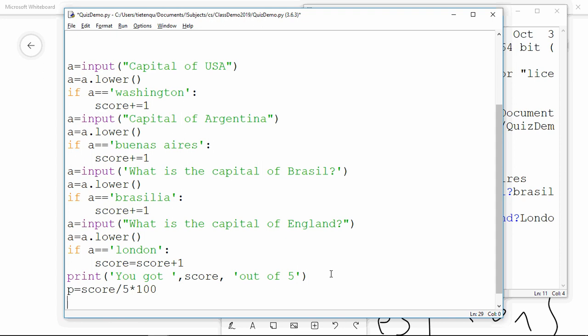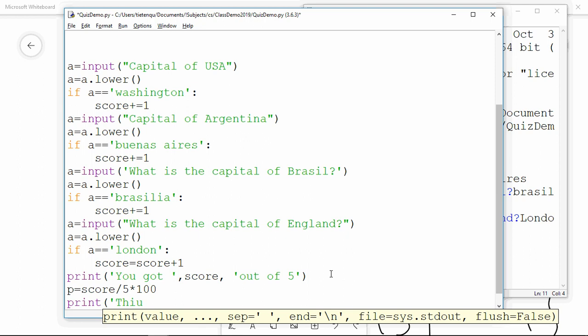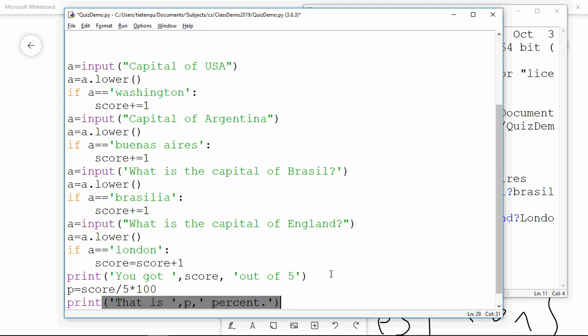And now let's tell them that is 0.00 P, let's not forget that comma this time, percent. All right, let's run this now.